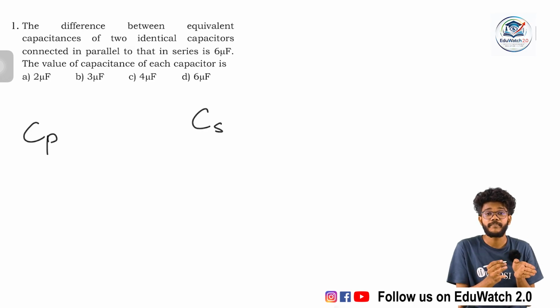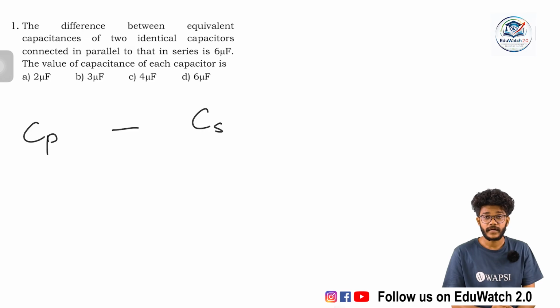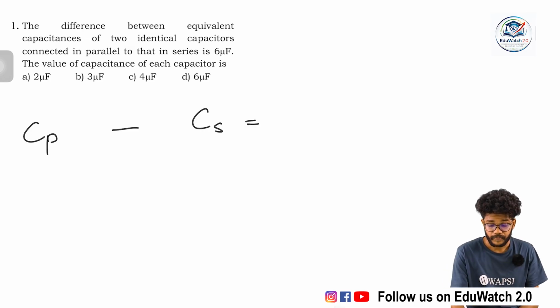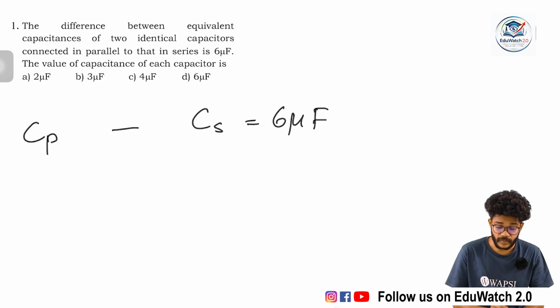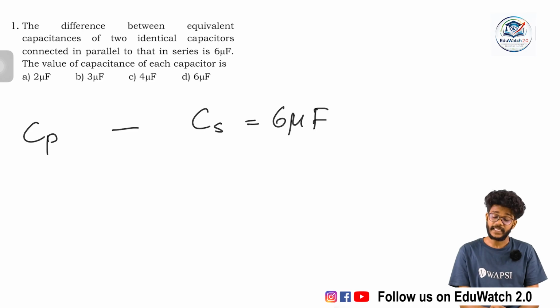That means Cp minus Cs, capacitor in parallel minus capacitor in series, gives 6 microfarad. The value of the capacitance of each capacitor is?